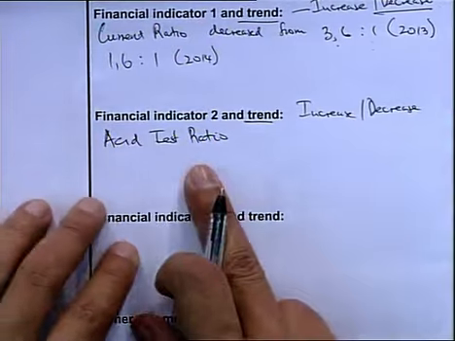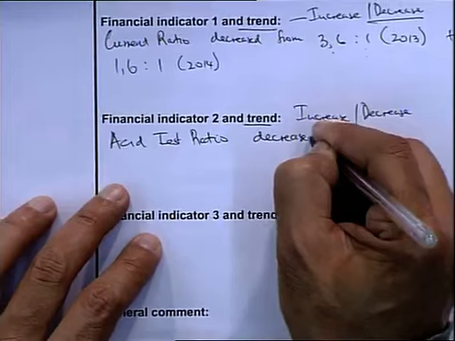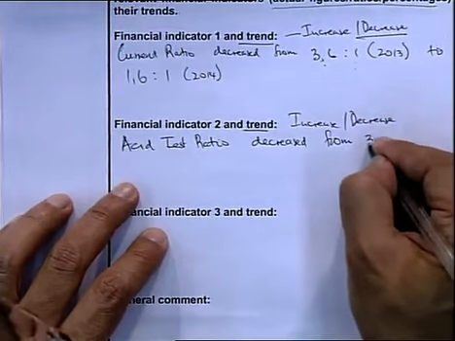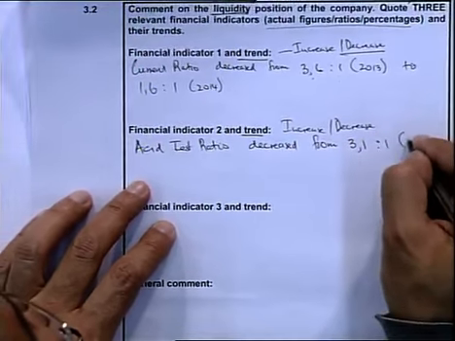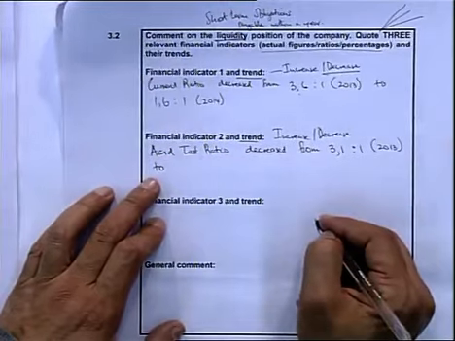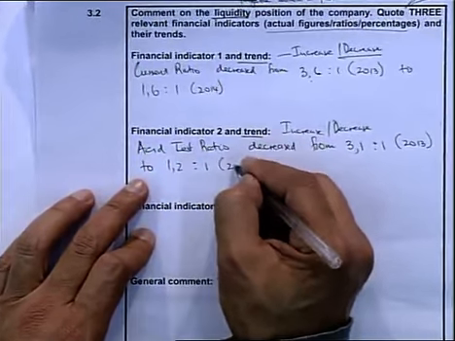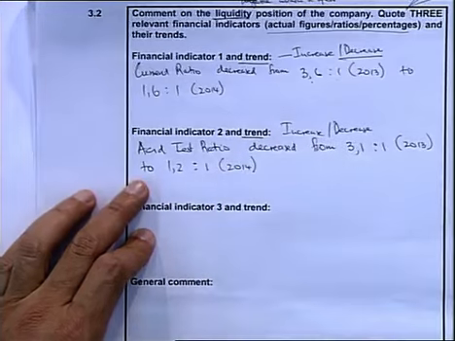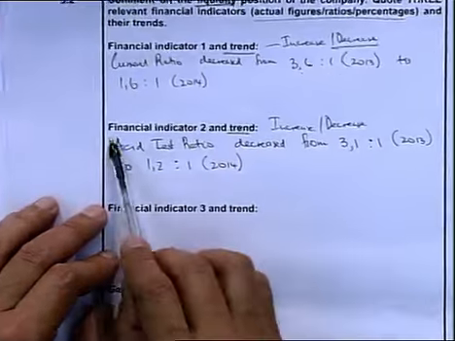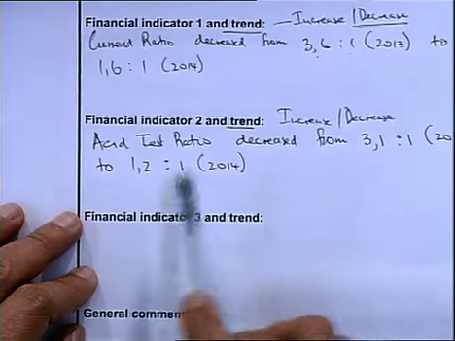So the asset test ratio decreased from 3,1:1, that was in 2013, to 1,2:1 in 2014. Okay, so again, mention the financial indicator, the trend, increase or decrease, and then you supply the figures.